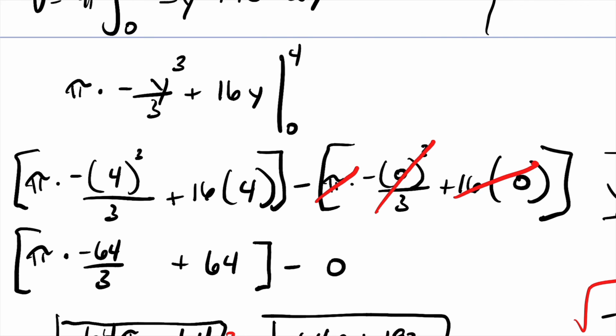Pi over 2. Oh, yeah, here it is. Yeah, I'm not sure.